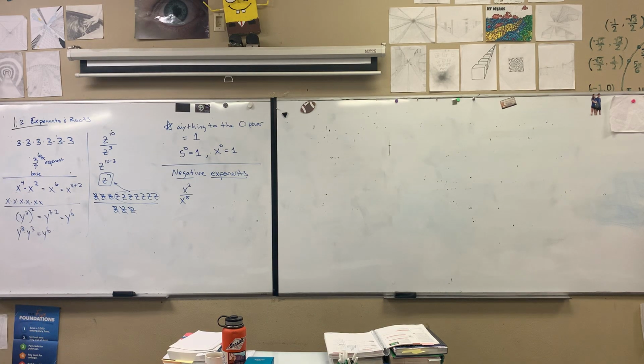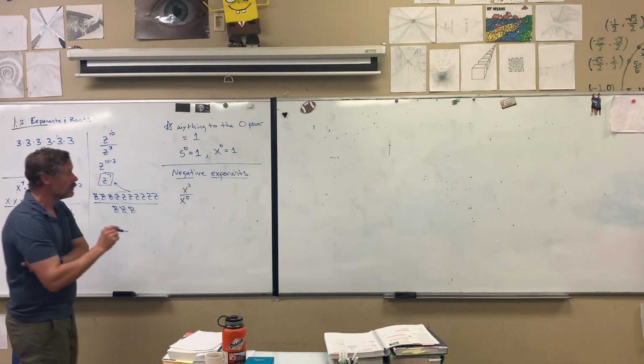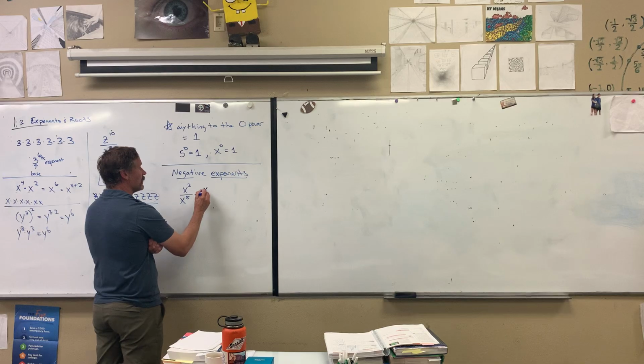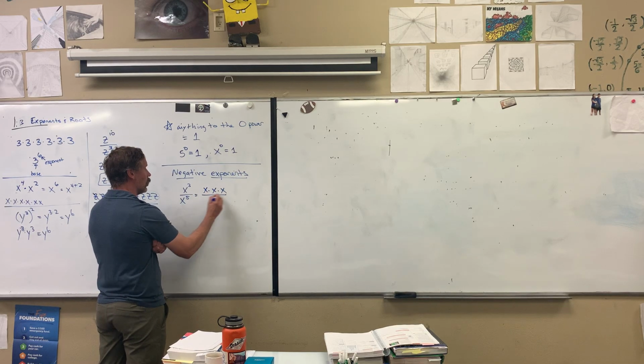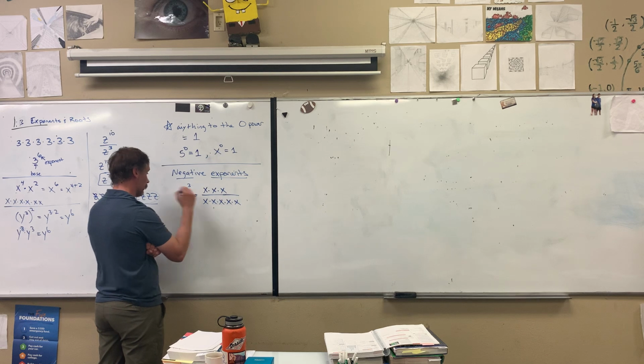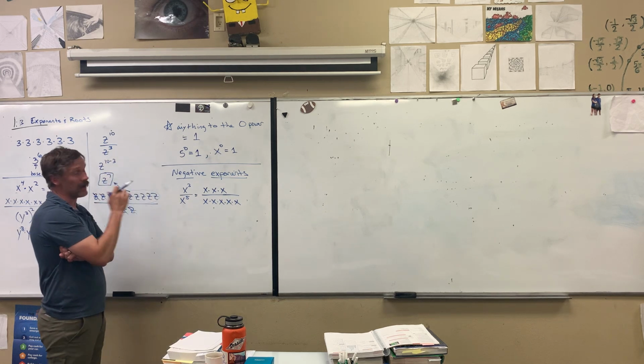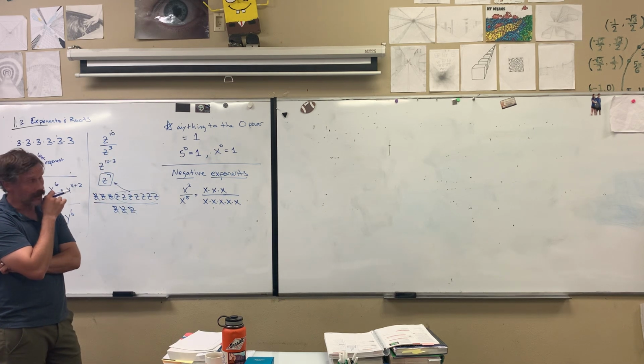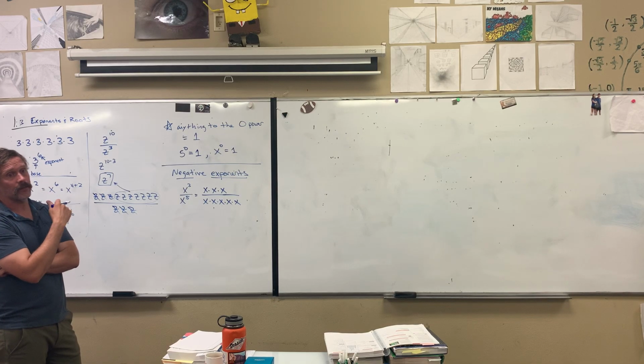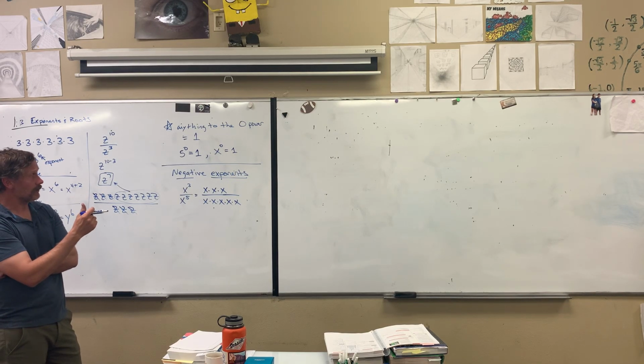If I were to do the, let's say, longhand simplification of it, meaning just expand it out. X times x times x over x times x times x times x times x. So that's the expanded format, right? So I have 3 x's on top, 5 x's on the bottom. All right.